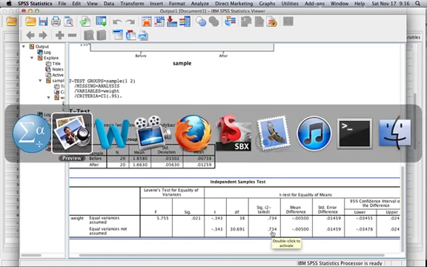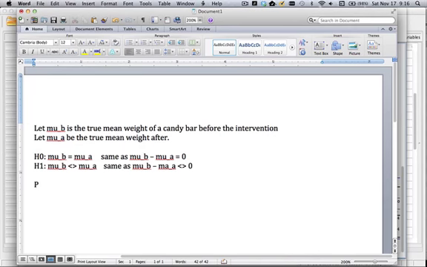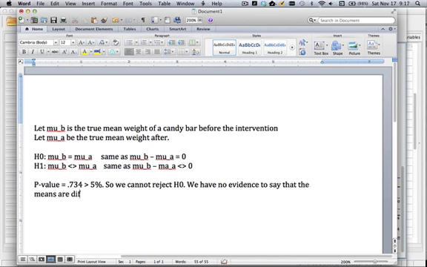So let's go take some notes in the Word document, and I would say that the p-value is equal to 0.734, which is greater than 5%, so we cannot reject H0. We have no evidence to say that the means are different before and after the intervention. There we go.